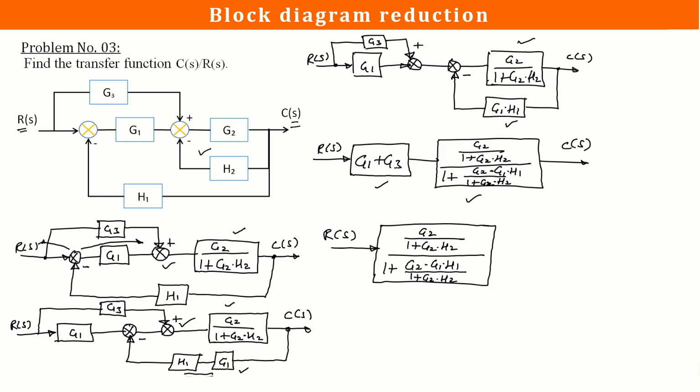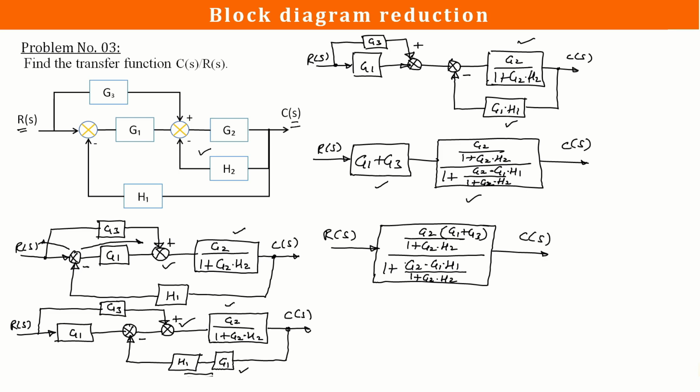And now since these two blocks are in series, we have to multiply both the transfer functions. So once we multiply G1 plus G3 here, it will be multiplied in the numerator. So it will be G1 plus G3 here. Then we will be having output as C of S.